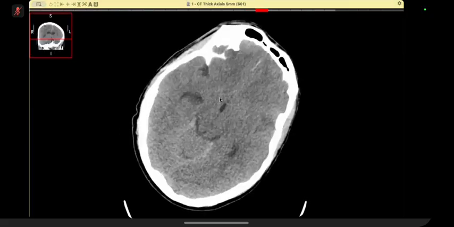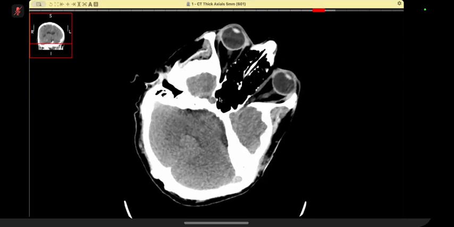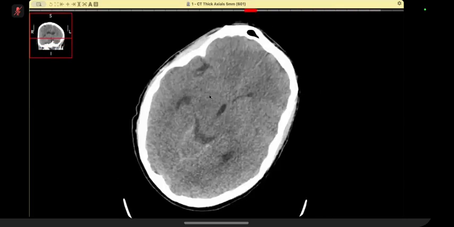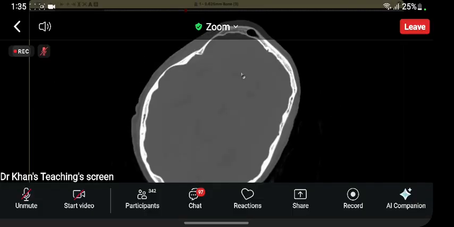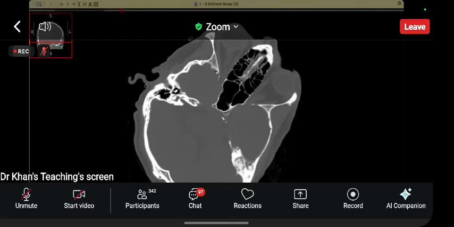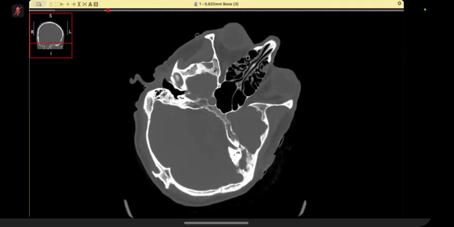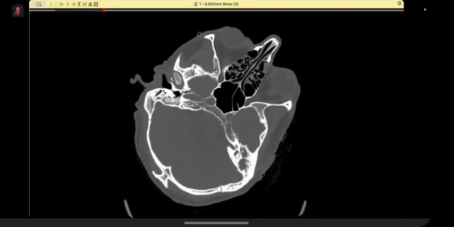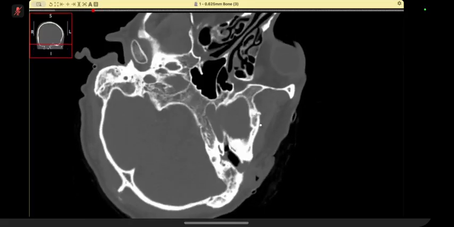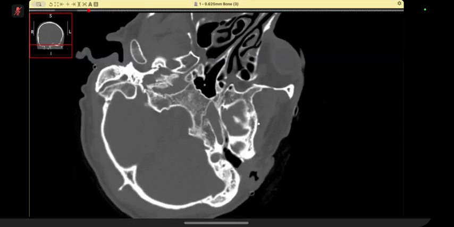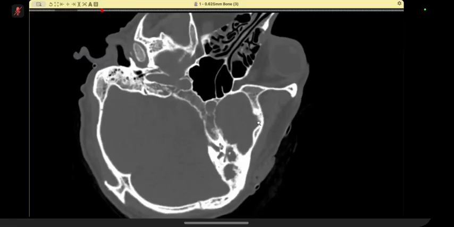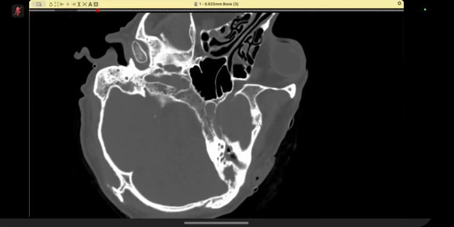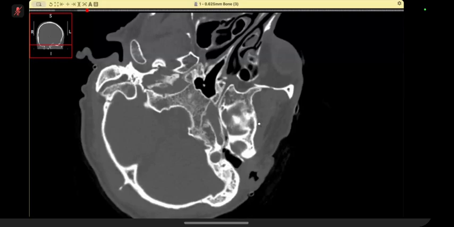So this was done as a brain scan. On the brain, you comment on the temporal bone. Okay, so this is a bone window CT of the temporal bones, in which there is an opacity seen in the middle ear cavity at the level of the cochlea, as well as opacification and part destruction of the mastoid air cells.